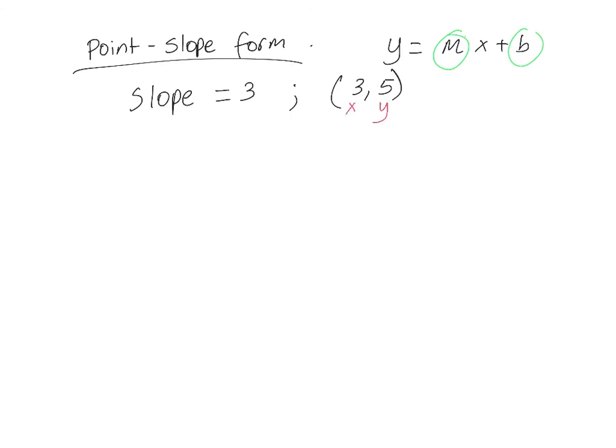Let's plug in all this information in our equation. y is equal to mx plus b. We know the slope m is 3, so that's here. And let's put in 5 and 3. So y is 5, the slope is 3, and x is 3. Can we find b from here?